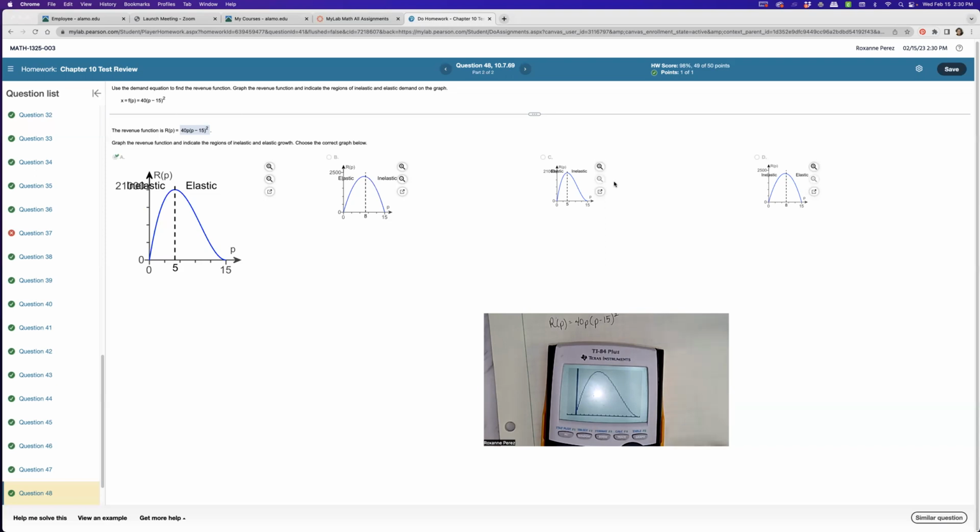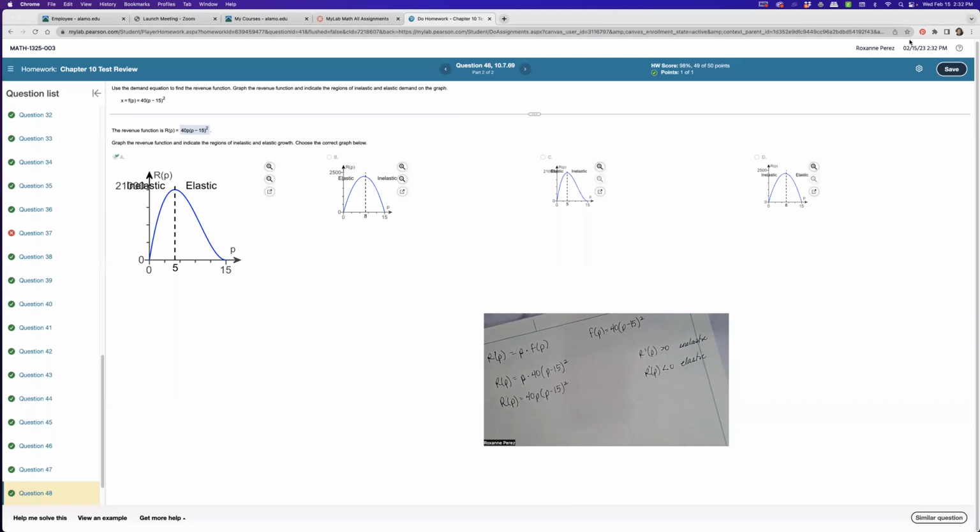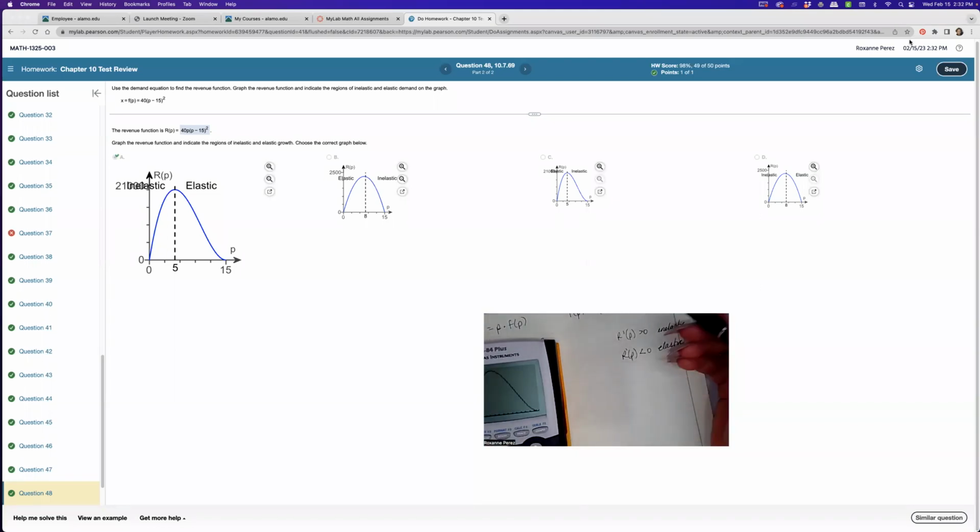Okay, and so then also we need to label based on the behavior, right? This is a positive slope, this is a negative slope. Okay, so let's look at our graph. So R prime of p, when that is greater than 0, so positive, that's your inelastic region.